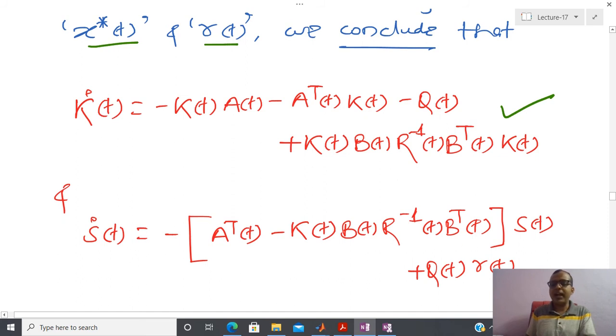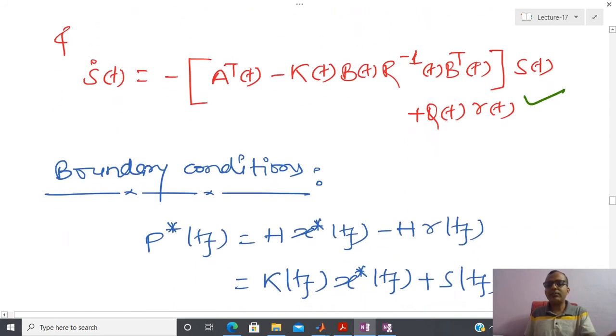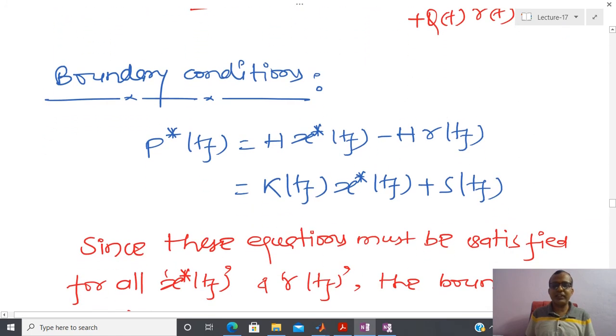Now apart from this I have some kind of extra matrix equation I have to solve. And the boundary condition, after that. Since my K(t) and x(t) both are time varying quantities, I know when I am going to start, but now I have to know when I have to stop. And for stopping, at the stopping time, we have to know the value of K(t) and x(t), and that kind of information one can gather using the boundary condition.